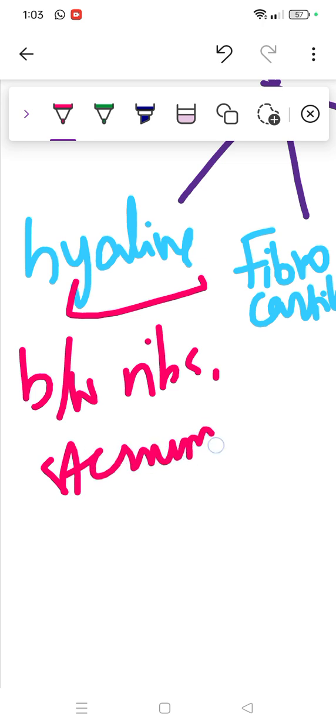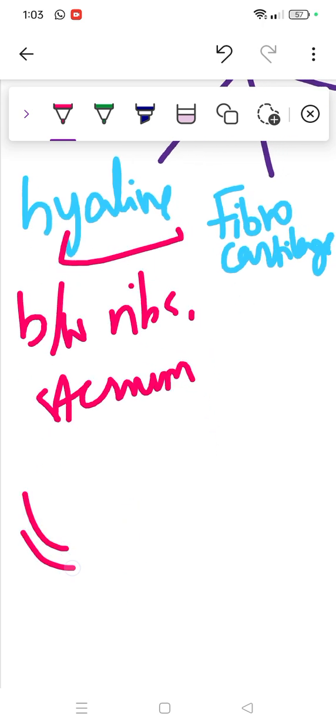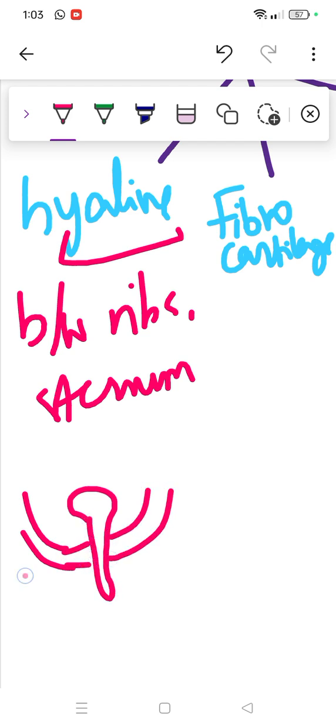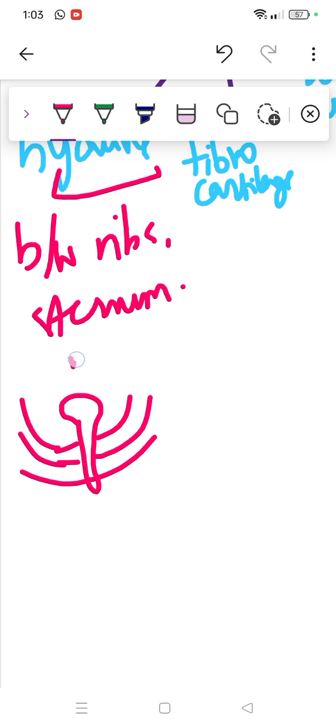You might have seen the ribs like this, and in the middle we have another structure. These are the ribs, and the middle one is called the sternum. So it is present between the ribs and sternum, and also in the soft part of the nose. You'll also see it on the bone surface of many joints. So I hope it is clear.